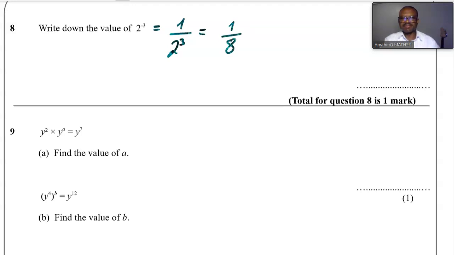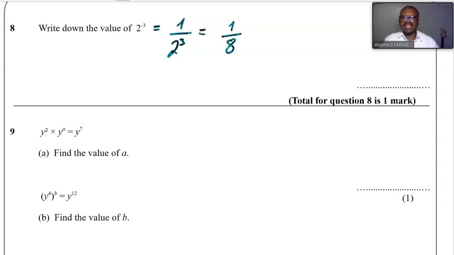Number 9, I want you to pay attention to these particular questions, because it says y raised to the power 2 times y raised to the power a is equal to y raised to the power 7.